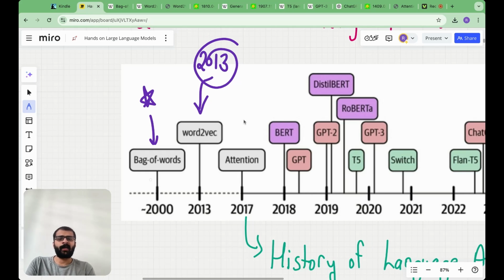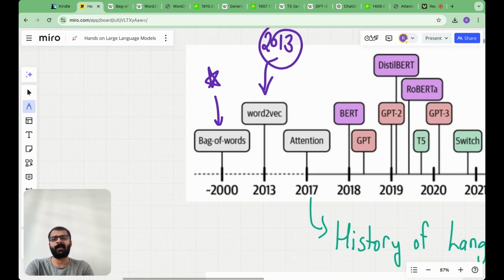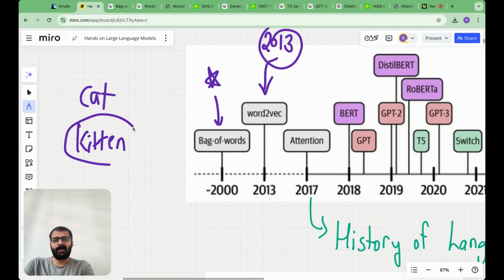Now, what's Word2Vec and why is it different than bag of words? Well, the major difference is that bag of words does not take into account the meaning of words at all. For example, if you consider cat and if you consider kitten, these two words are related to each other, right?